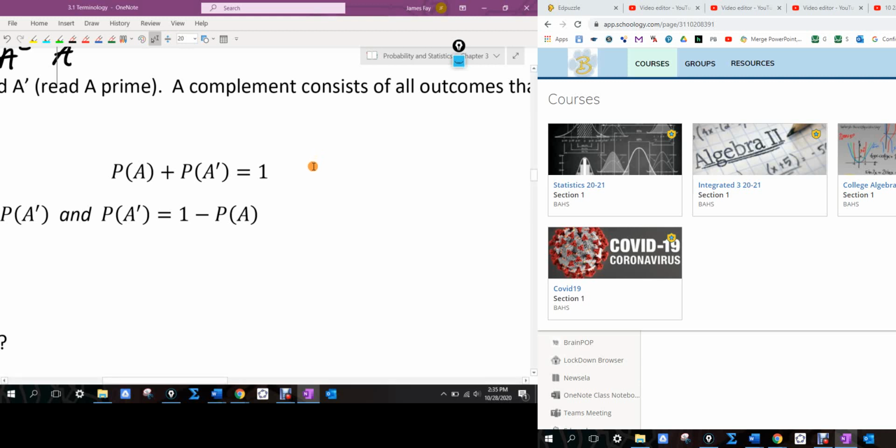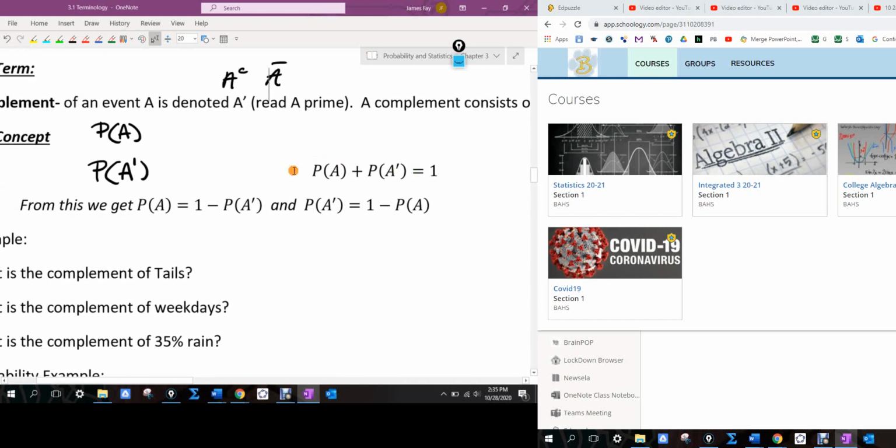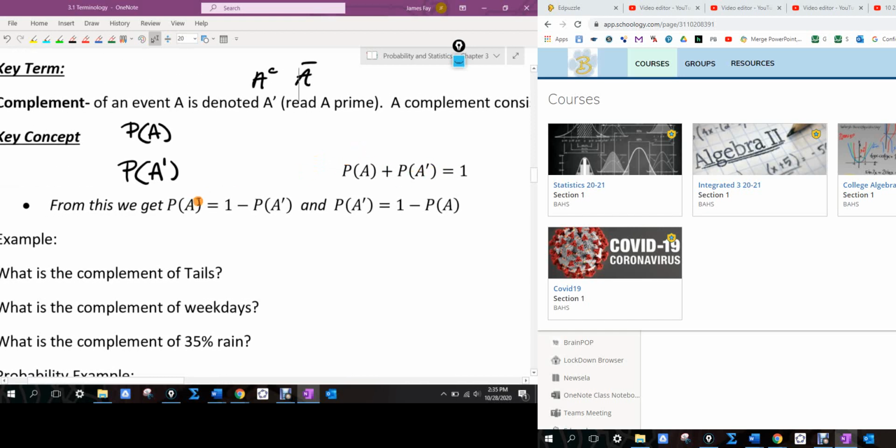That allows us some short arithmetic with that equation: the probability of an event is 1 minus the probability of its complement, or the probability of a complement is 1 minus the probability of the event. You'll see as we do some examples the purpose of this. It should make things a little easier to calculate.